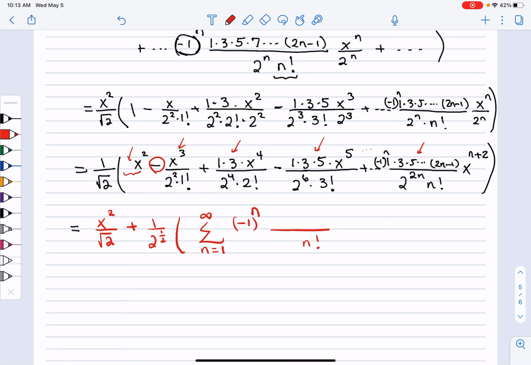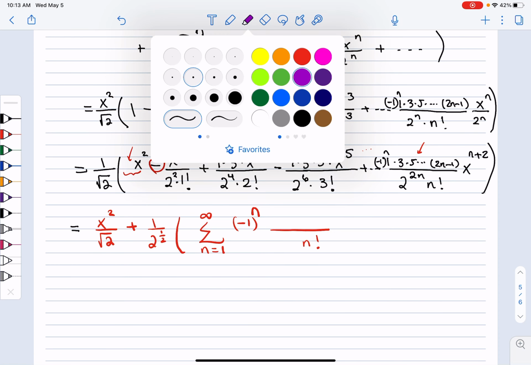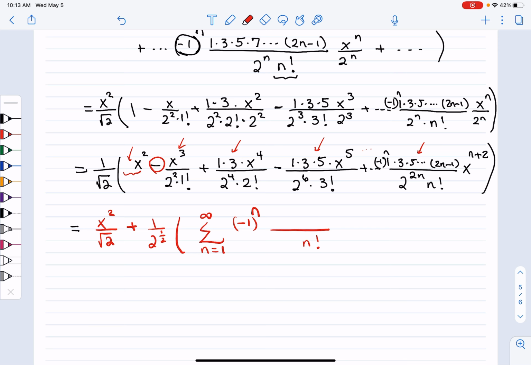Now the powers: when n is 1, the power is 2; when n is 2, the power is 4; when n is 3, the power is 6; when n is n, the power is 2n. So this will be 2 to the 2n power. We're going to have x to the n plus 2.